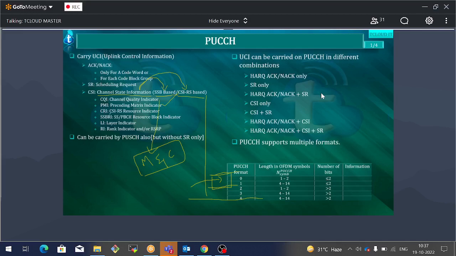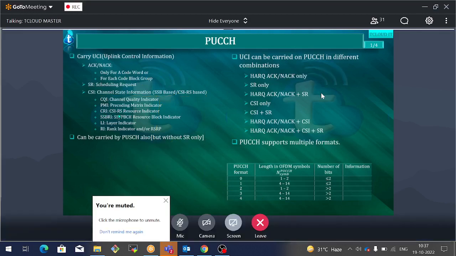Next, CRI, the CSI-RS resource indicator. This gives a hint from mobile equipment to the gNodeB about which downlink beam is looking good for it. If there are multiple beams on which the CSI-RS is being sent, mobile equipment may be receiving signal strength from multiple beams in a location.